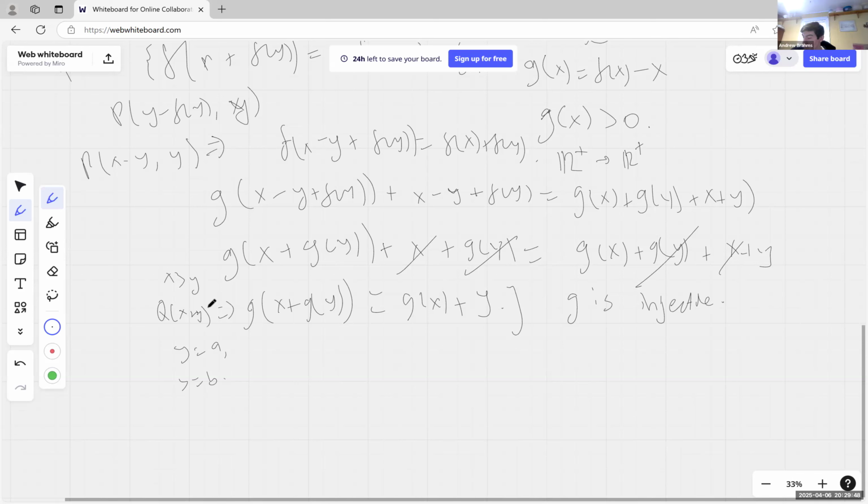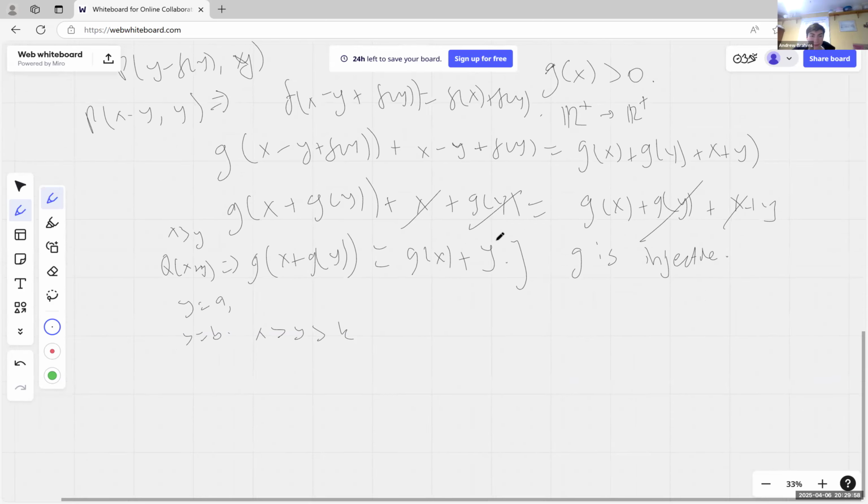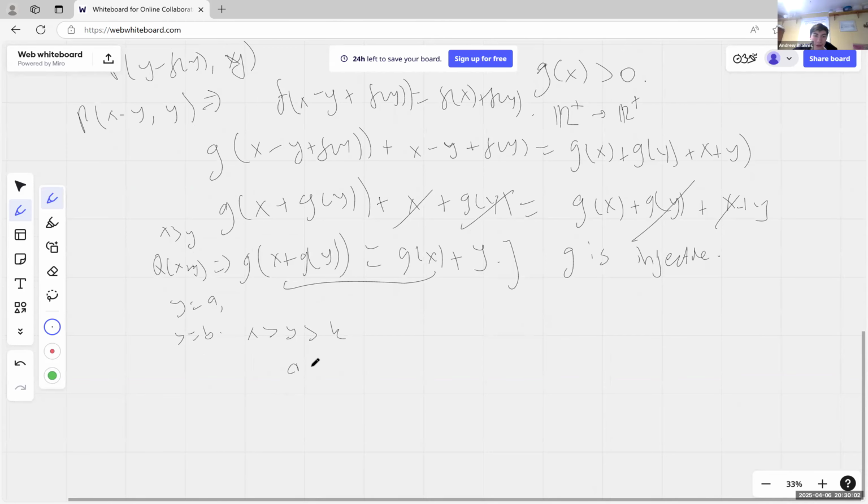Now, if we have that x is greater than y, greater than some k, then we have g of x plus g of k plus g of y minus k is equal to g of x plus g of k plus y minus k, because by plugging in q of x plus g of k, comma y minus k, giving that.